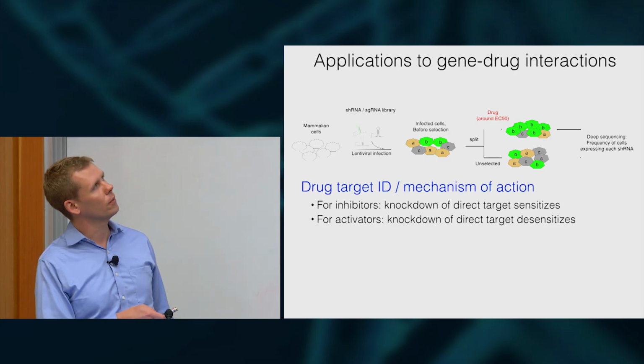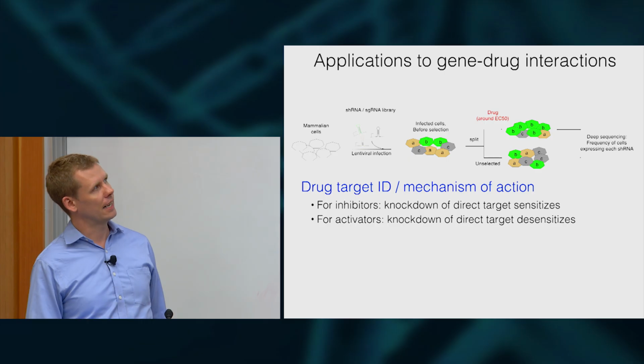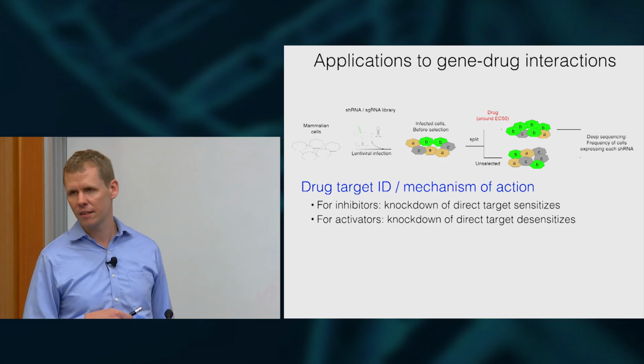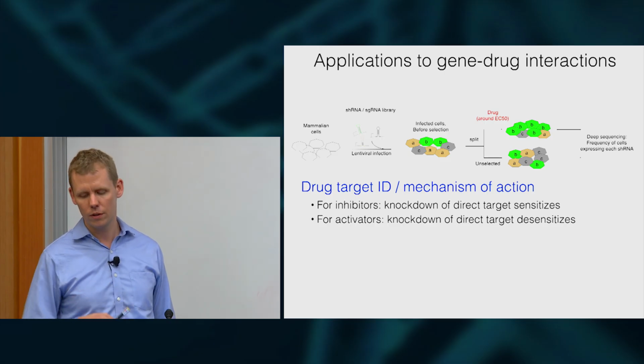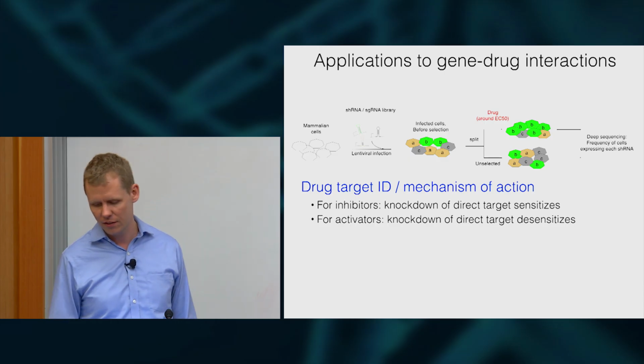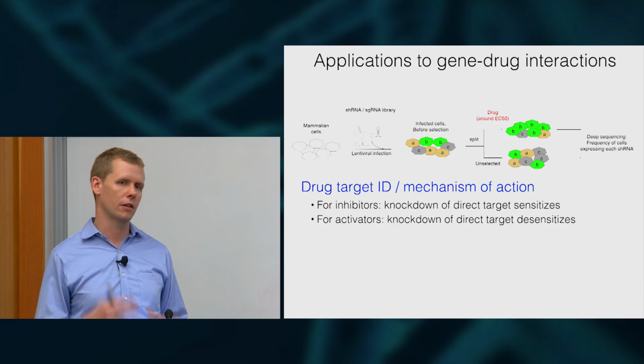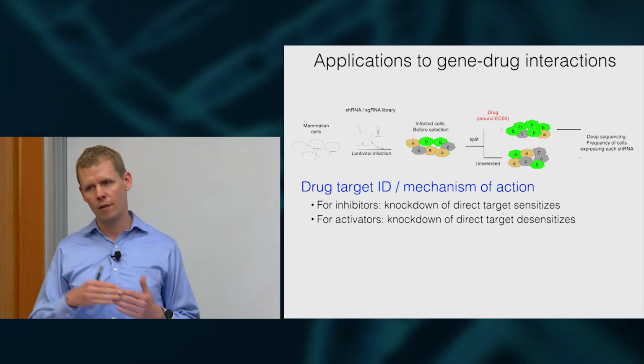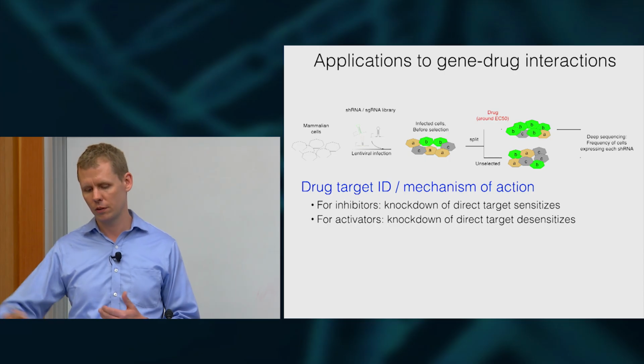So as I'll show you, we can use genetics to identify genes where the knockdown either sensitizes or desensitizes to the compound, and that can lead us to really identifying what the relevant target in the cell is, which is hugely important to know if you want to further develop the compound for use in patients.